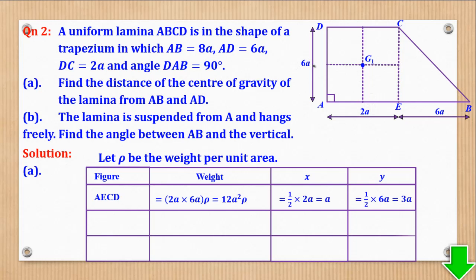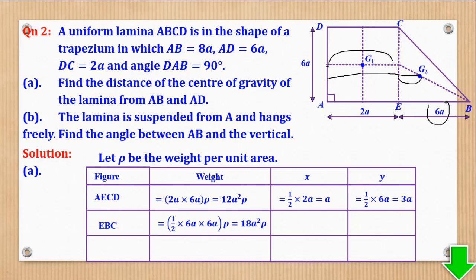Then the triangle: area is that times this to get weight. So for the x coordinate, remember we measure from here up to here. From here to here is already 2a. Then from here to here is a third of 6a.